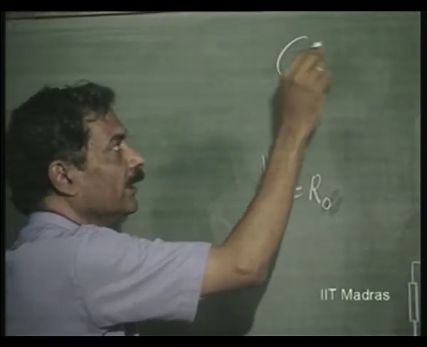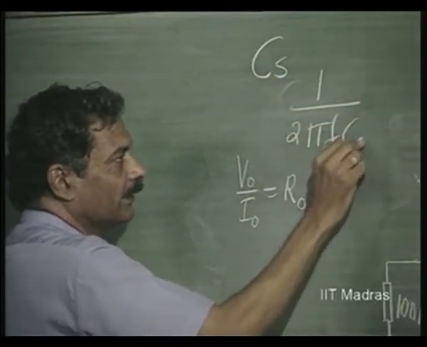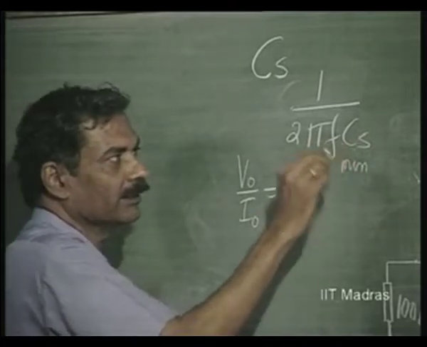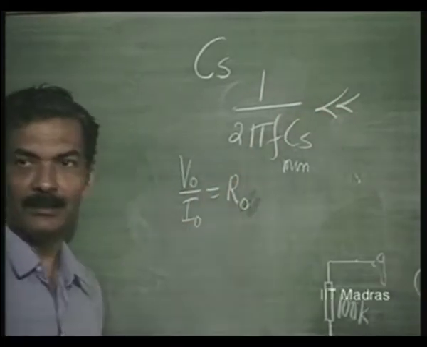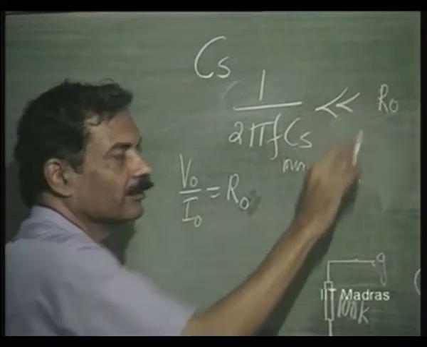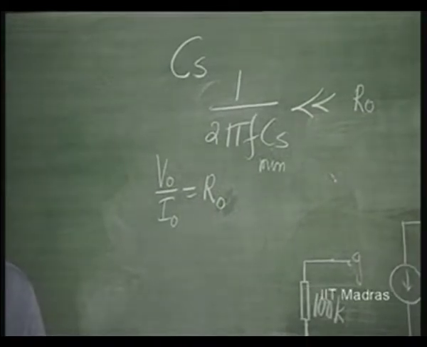So, this CS should be such that 1 over 2 pi f CS with minimum frequency of interest should be much less than what? This impedance R naught, if you want it to function satisfactorily up to f minimum.